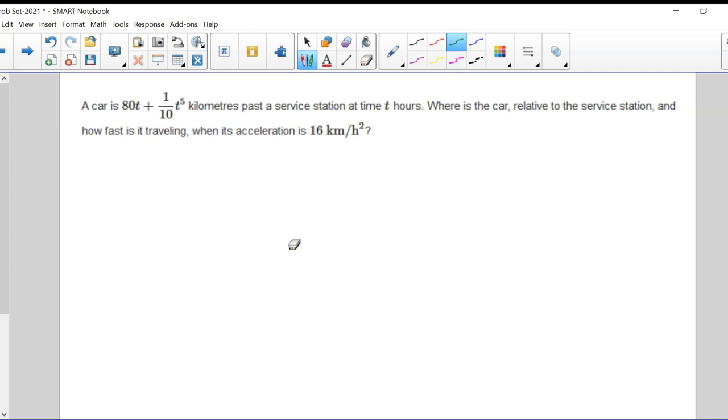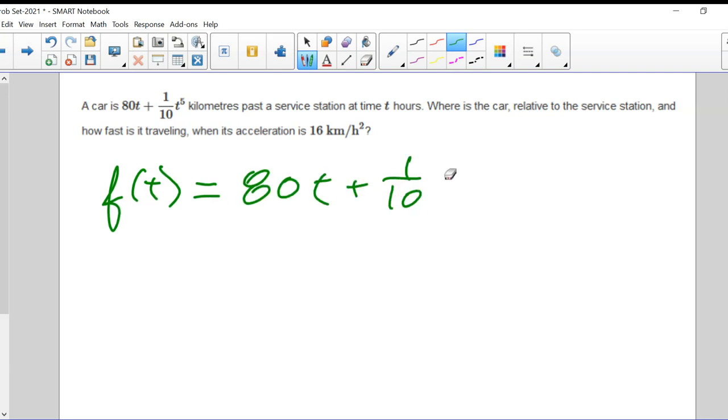So I have a position function. I need an acceleration function. So I just simply need to turn my position function into an acceleration function so I can find out when that is equal to 16. So I'm going to call this, let's just say, f of t. f of t is equal to 80t plus 1 over 10 t to the power of 5.